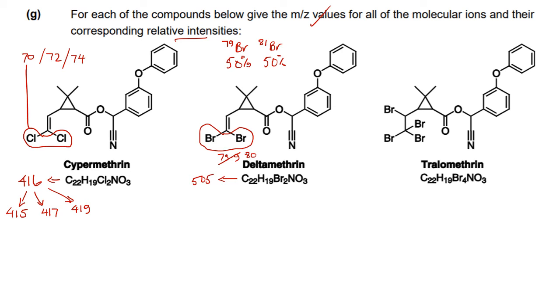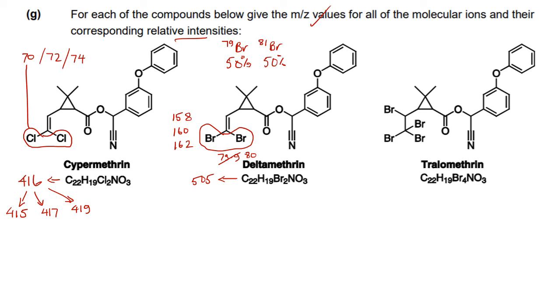Anyway, using the same logic as we did in the first, we can work out that the options for the m/z are as follows. We could have two 79s in the molecule, in which case the bromine part of the molecule would be 158, or we could have one of each, a 79 and 81, in which case the bromine part is going to be 160, or we could have two 81s, in which case the bromine part is going to be 162.